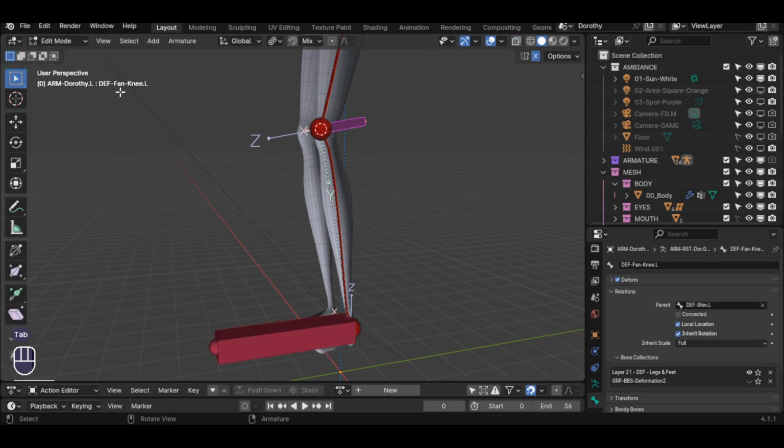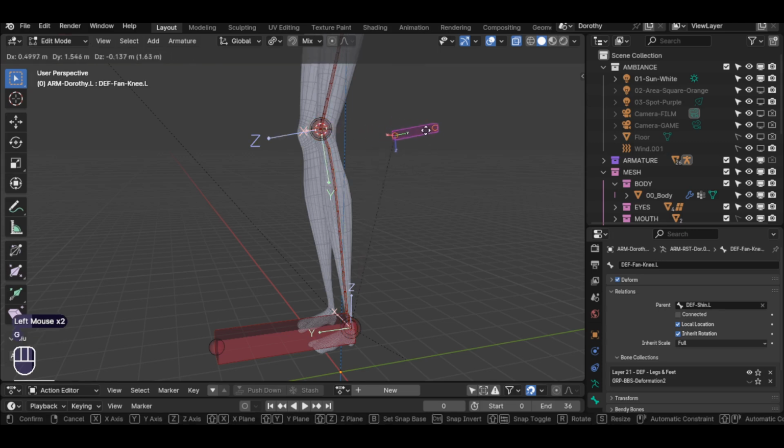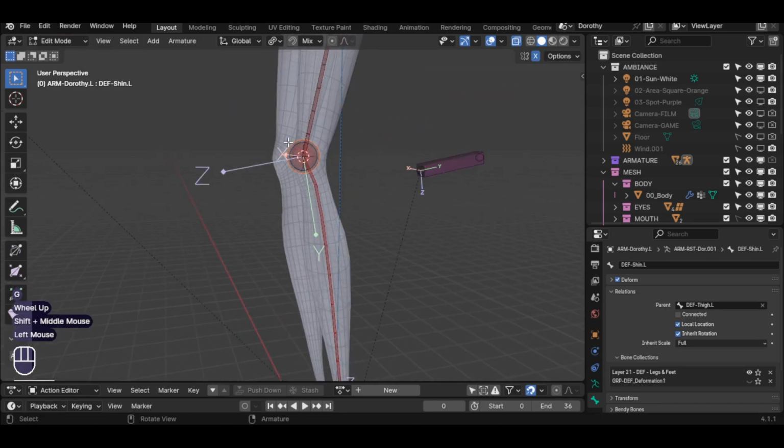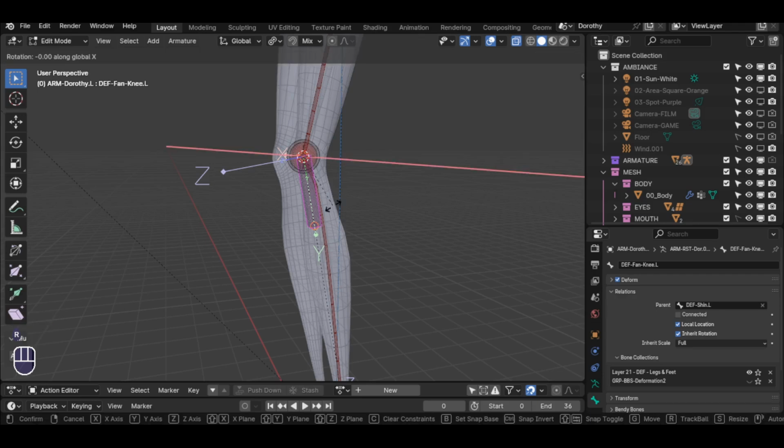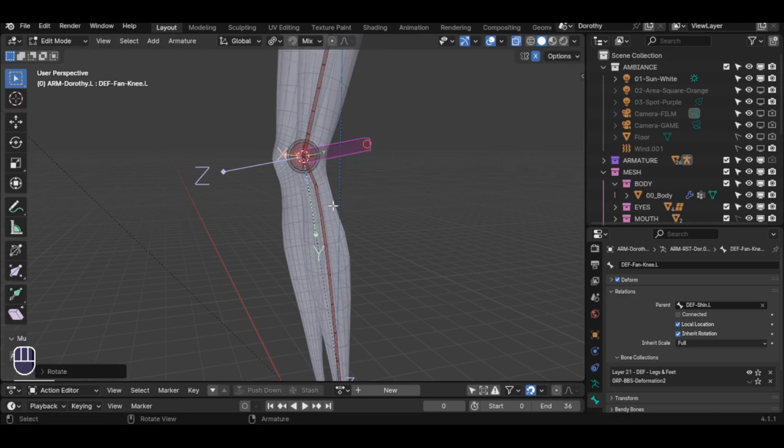So basically, if I go to rest position in edit mode, I can see that the fan bone is parented, offset to the deform shin bone, this one. And it is positioned exactly on the joint from its head. As for its orientation, I first had it aligned with the same bone to which it is parented and then rotated it, in this case 90 degrees positive, and there we go.